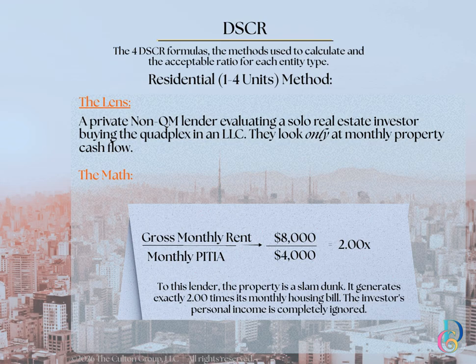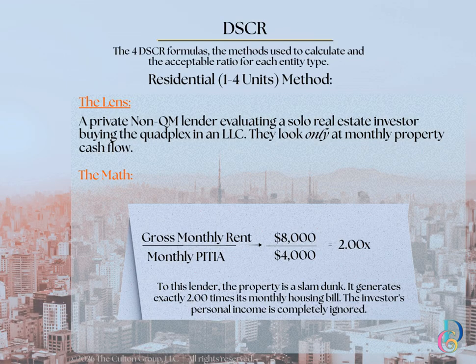They look only at monthly property cash flow. So since they are focusing only on the monthly property cash flow, if it's not making enough, the deal won't go through. The loan just won't happen. So let's take a look at the math. Gross monthly rent divided by monthly PITIA.